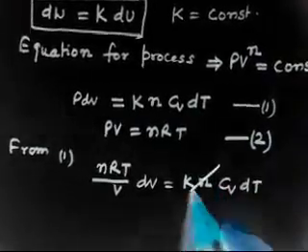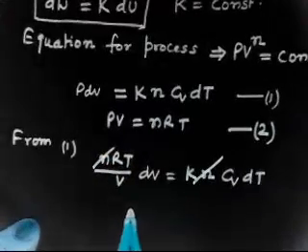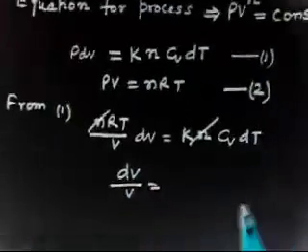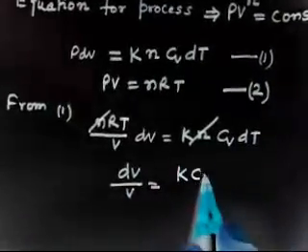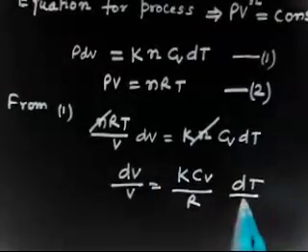So number of moles goes out from this side and this side. So I will have dV by V is equal to K times Cv divided by R, dT by T.